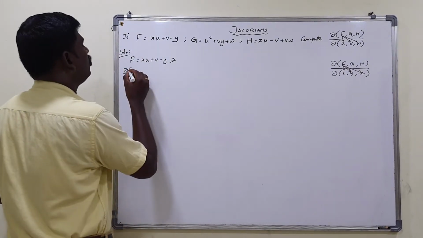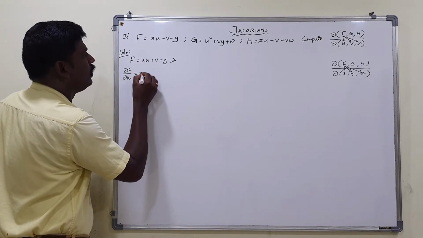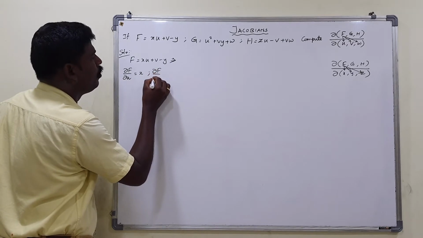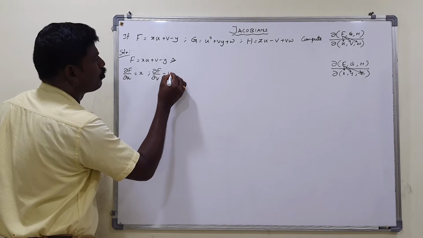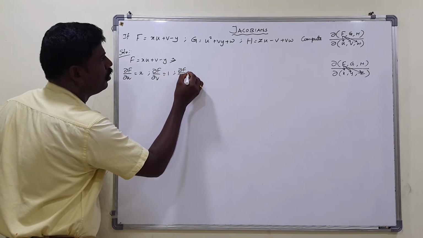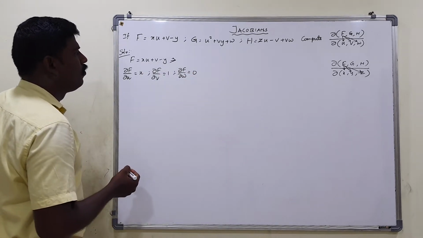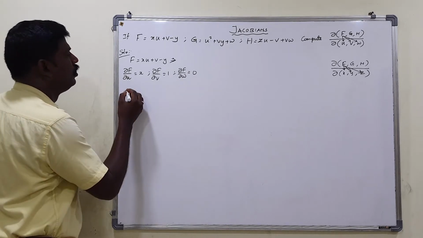So dou F by dou U: U becomes 1, X into 1, X. All the remaining two terms are 0. Dou F by dou V: first term becomes 0, second term becomes 1. Dou F by dou W: there is no W term here, so the partial derivative of F with respect to W becomes 0.